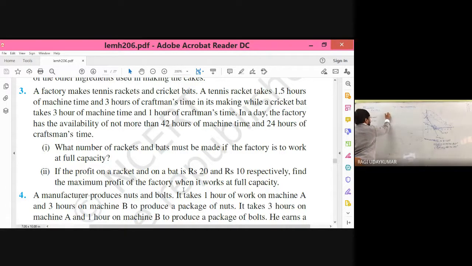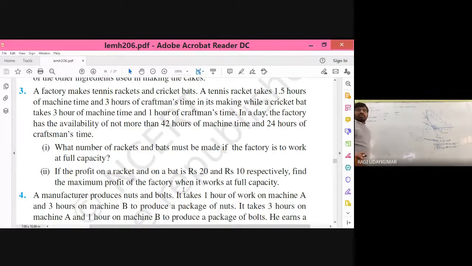A cricket bat takes 3 hours of machine time and 1 hour of craftsman work.